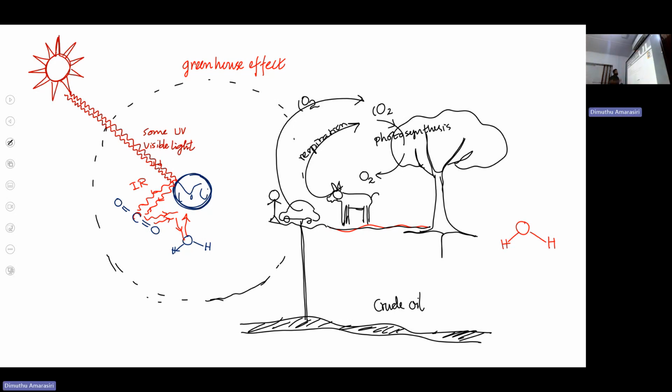All good. So which of these gases is it? Is it called nitrogen? Right? Which of these is the approximate percentage of oxygen in dry air?